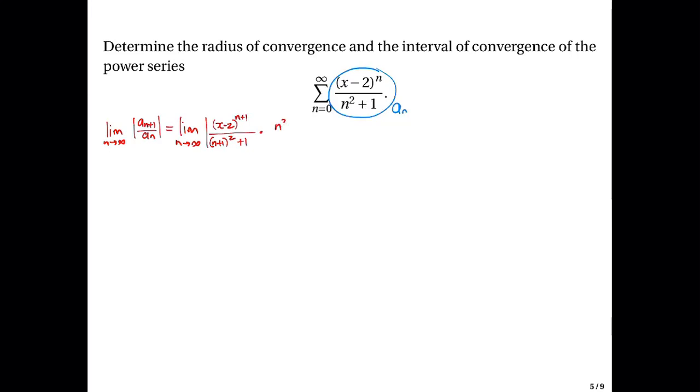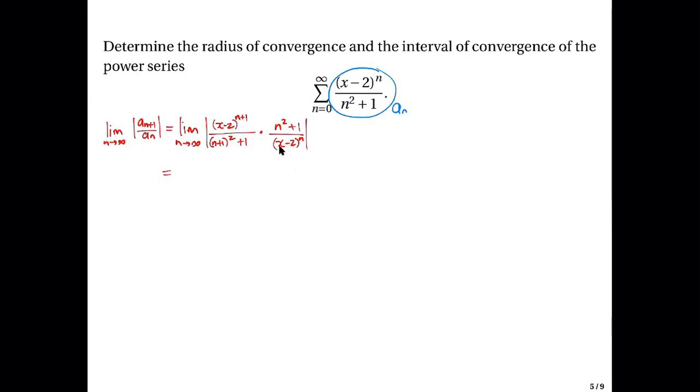So times n squared plus 1 divided by x minus 2 quantity raised to n. And then just like in the previous solution and in several examples that you've seen, this x minus 2 raised to n plus 1, you can decompose into x minus 2 raised to n times x minus 2. And then the x minus 2 raised to n will cancel this guy here.